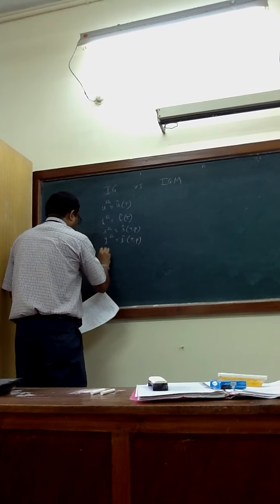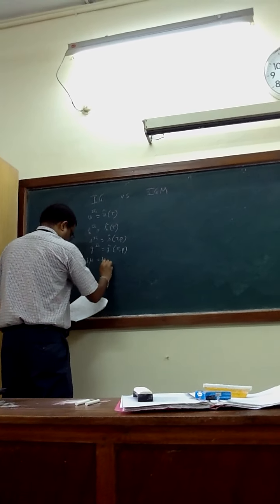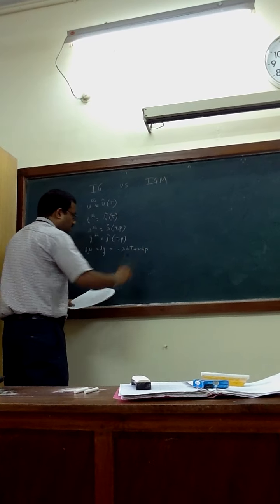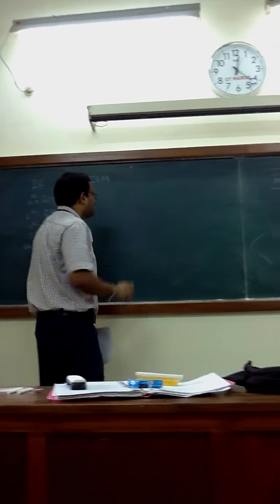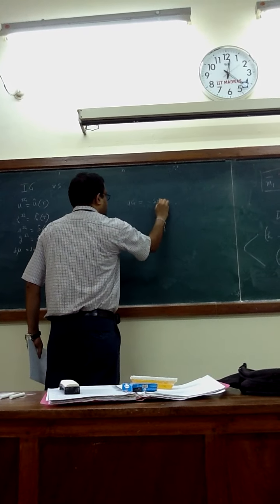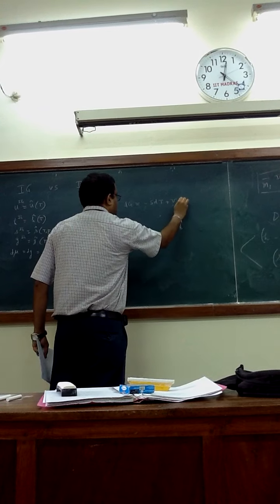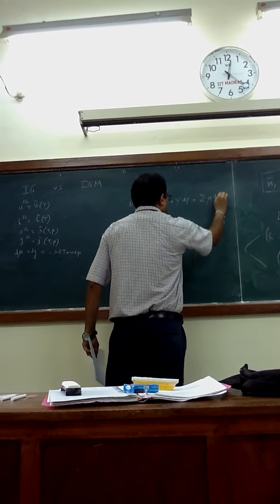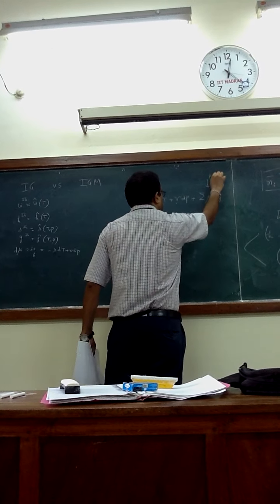We know that dμ equals dG minus SdT plus VdP. Generally speaking, dG equals minus SdT plus VdP plus μdn for the pure substance. Am I correct?